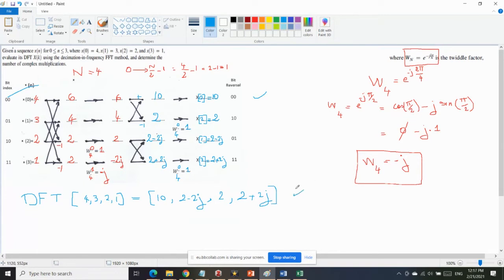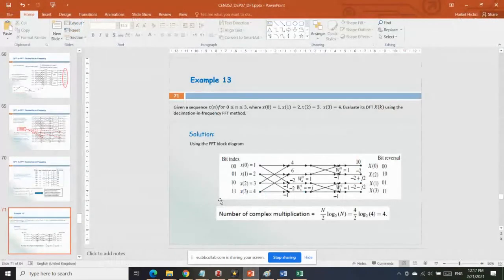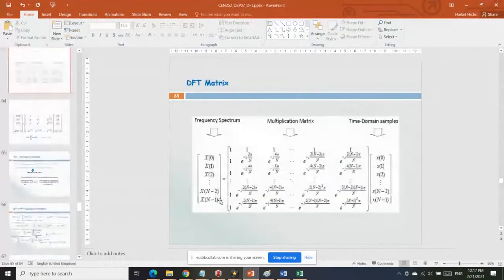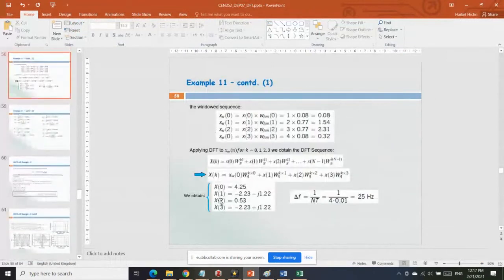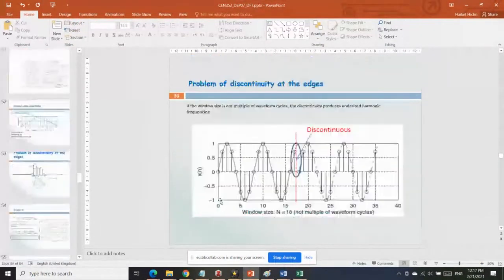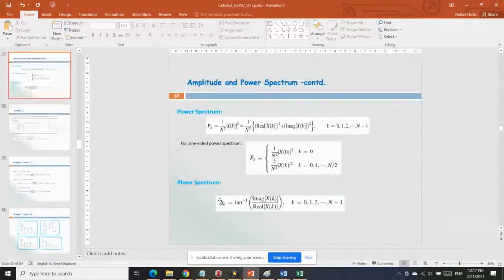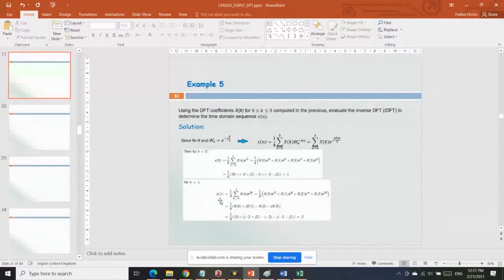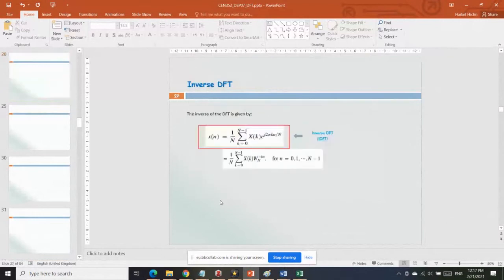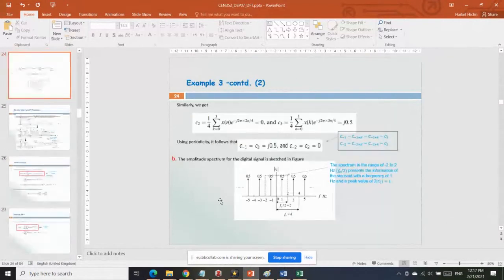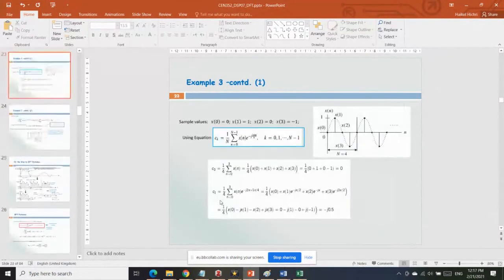So that's the DFT. We computed this DFT in the last lecture using the equations. Remember we computed this using the equations. Yes, the DFT coefficients.